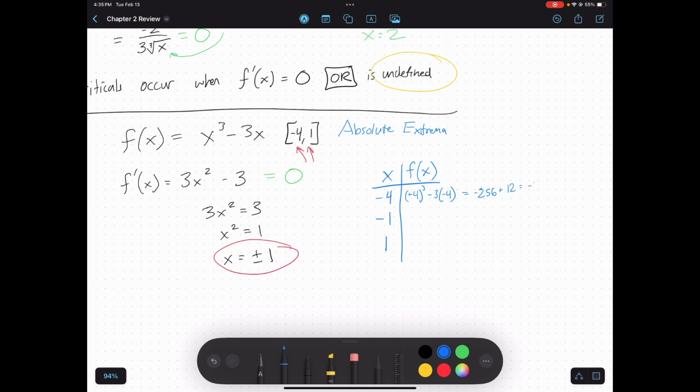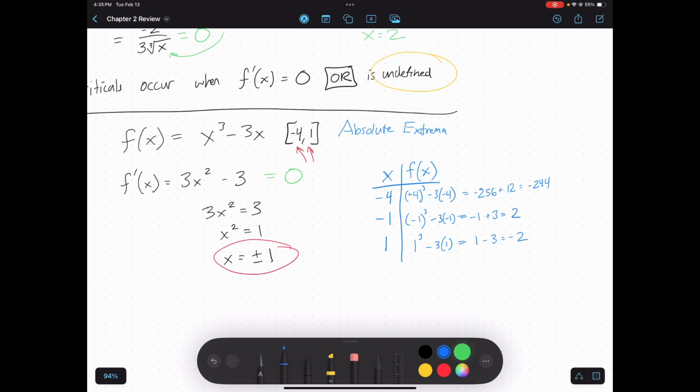So I get -244. If I plug in -1, I get -1 cubed minus 3 times -1, which is equal to -1 plus 3, which is equal to +2. If I plug in +1, I get 1 cubed minus 3 times 1, which equals 1 minus 3, which is equal to -2.